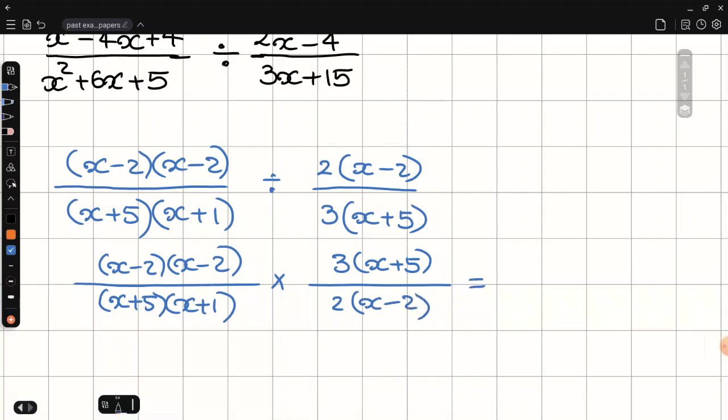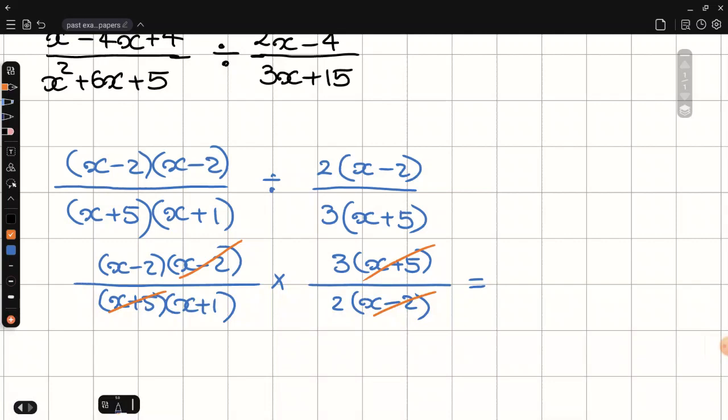Then we're going to identify the common factors in the numerator and denominator. Here we have the x minus 2, and we have x minus 2 as a denominator of the second fraction, so they will cancel each other out, and then we can cancel x plus 5 with x plus 5.